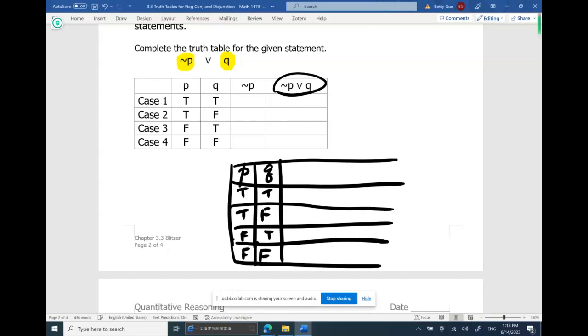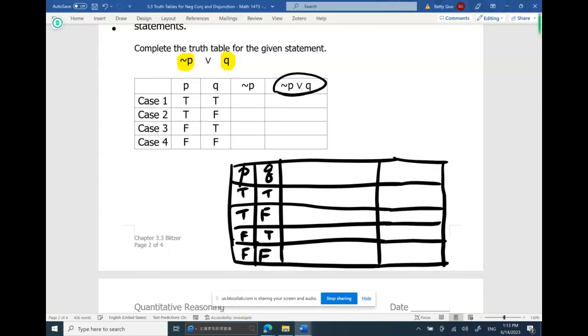Okay. And then the last column in the truth table is going to be my target statement. What is my target statement? It is the given compound statement, not P or Q. I know it's a disjunction, right? It is a disjunction. And then the disjunction has two pieces, two components.